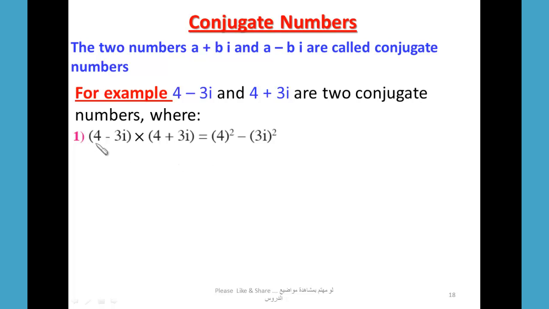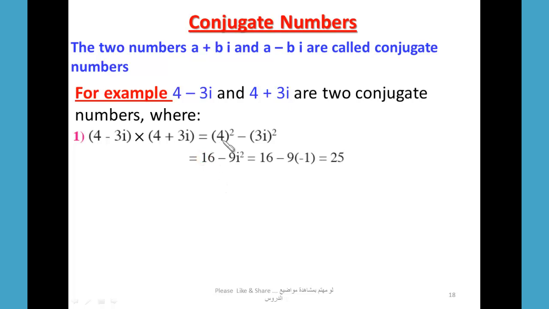Again, we have 4 minus 3i multiply 4 plus 3i, the product of two conjugate numbers. It is the square of the first, 4 squared, minus the square of the second, 3i squared.